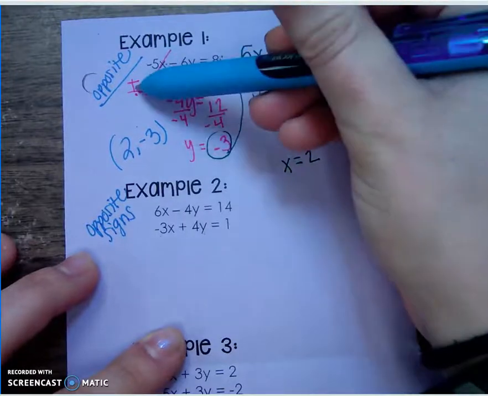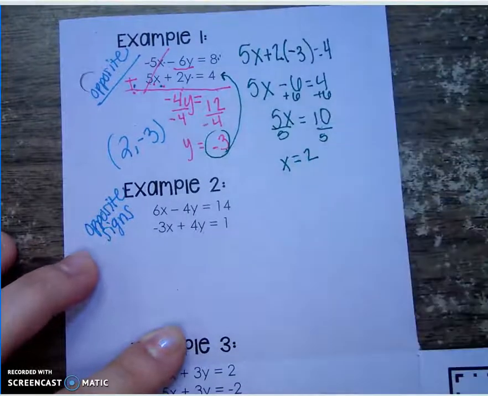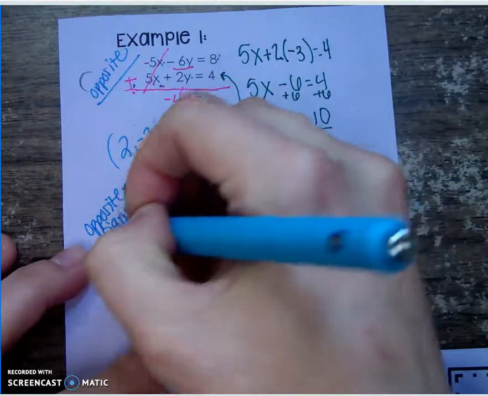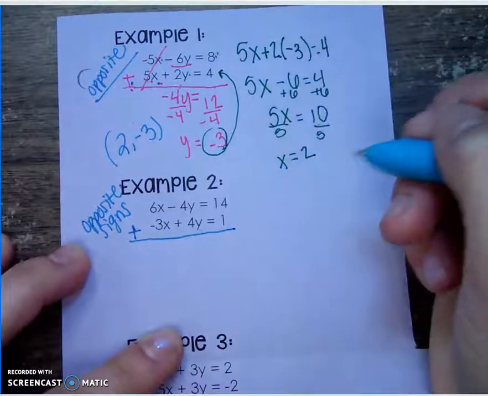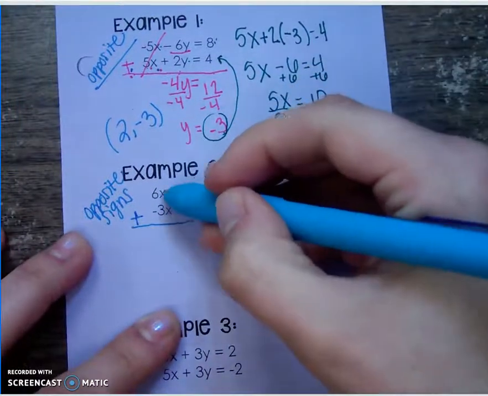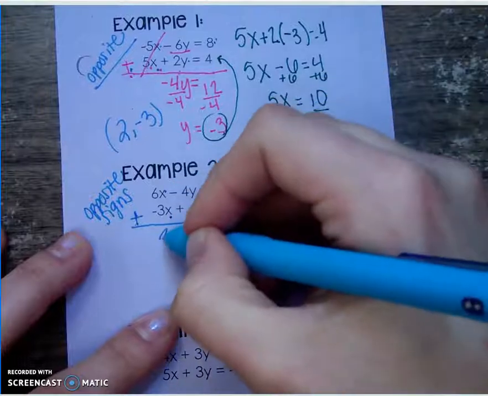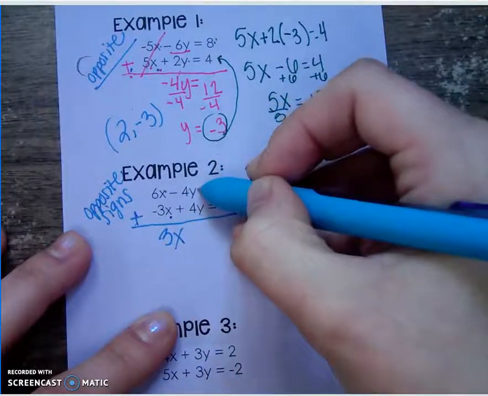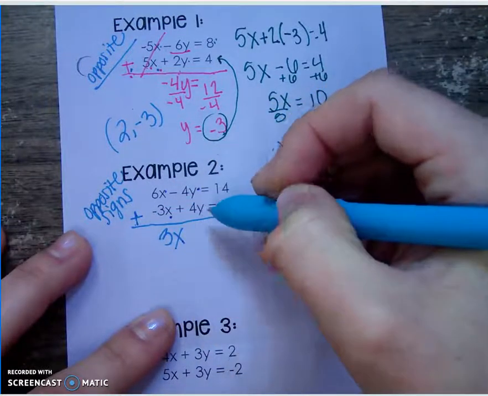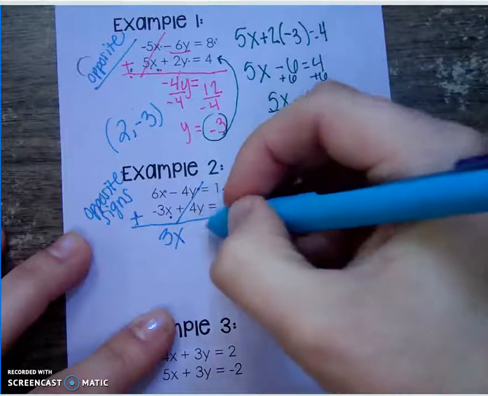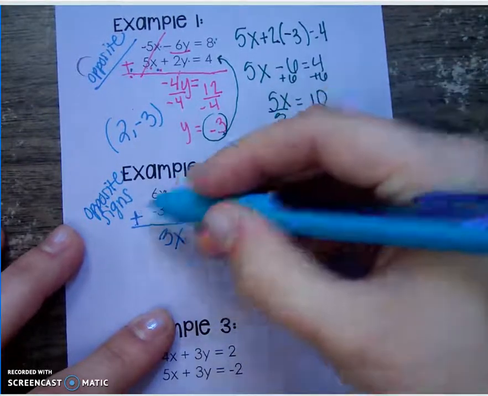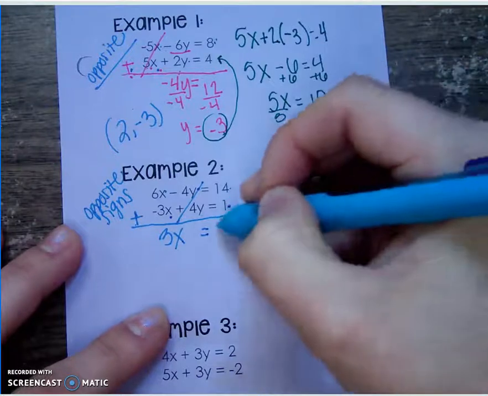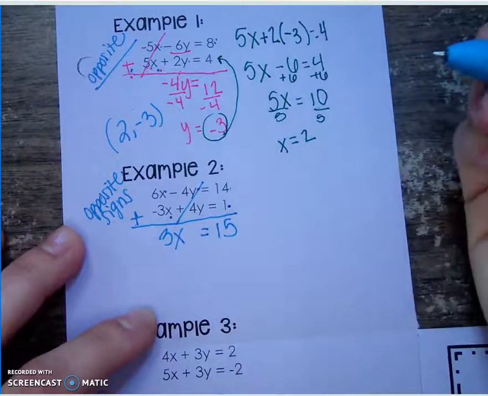If they were opposite signs, I added them together. So let's do that. I'm going to add the two equations together to cancel out that y. 6x plus negative 3x is 3x. Negative 4y plus positive 4y zeroes out. And 14 plus 1 is 15.